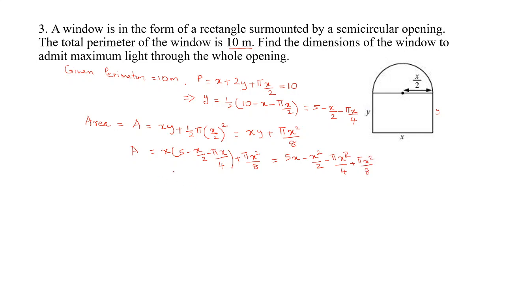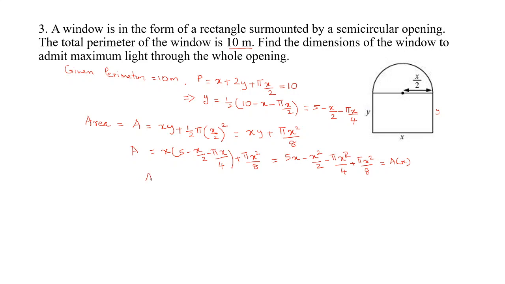So the area of the window is 5x minus x square by 2 minus pi x square by 4 plus pi x square by 8. Now we find the derivative to find the critical point. This is a function of x alone, so there is only one variable here, that is area A of x.